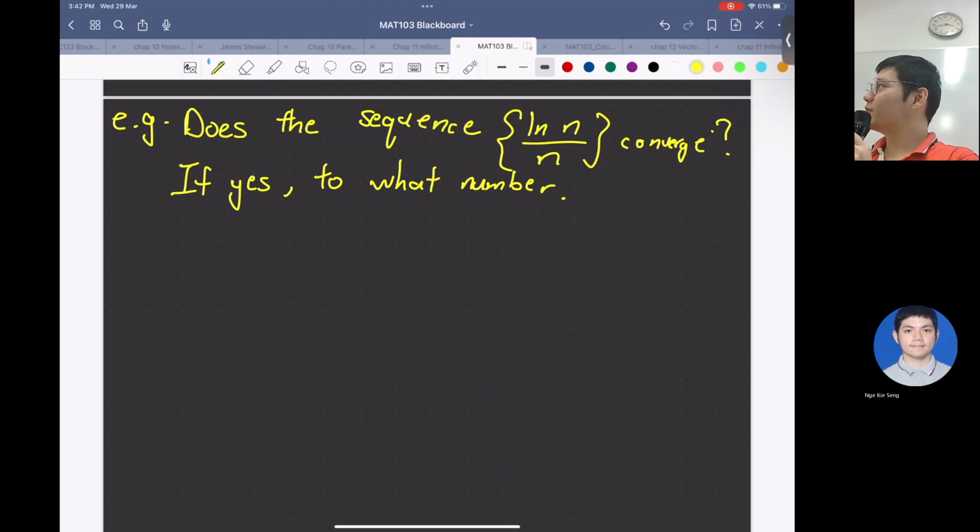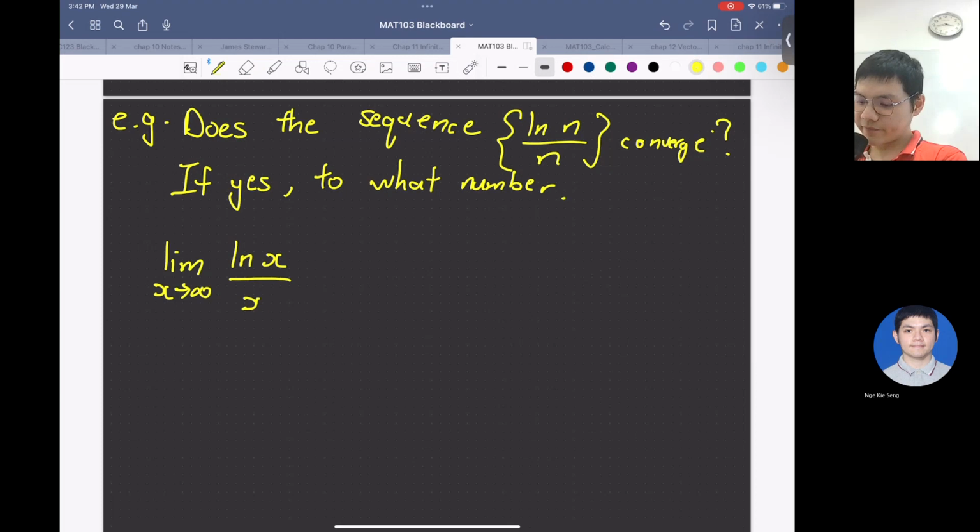So you make a real-valued function out of this sequence. If we find the real-valued limit for this function, then the sequence will also have the same limit, right? So if you can find this L, then this L will be equal to the limit of the sequence.